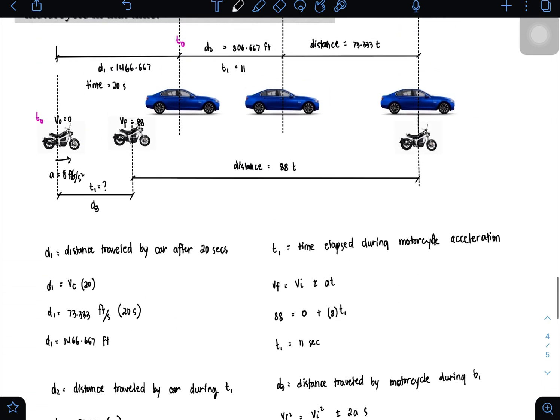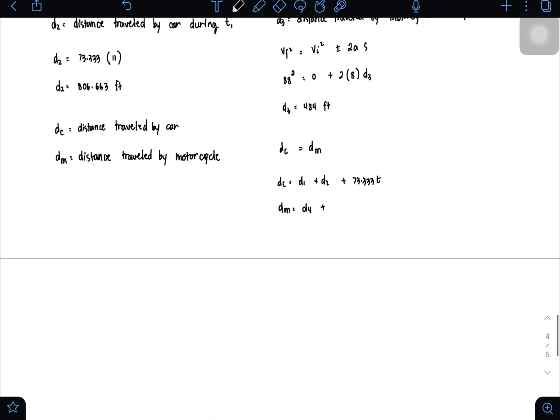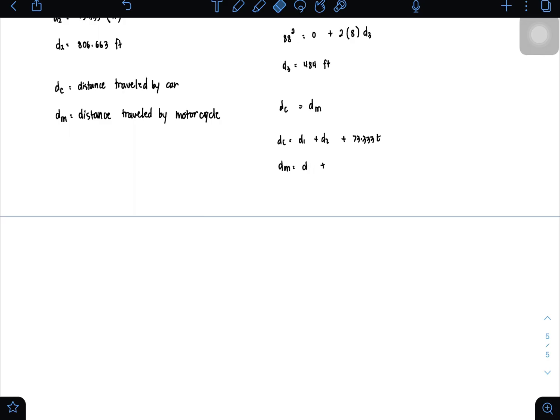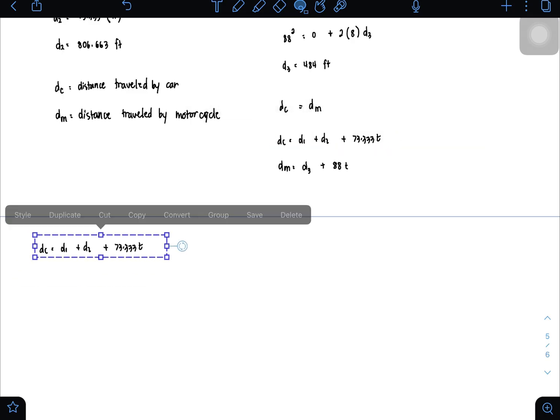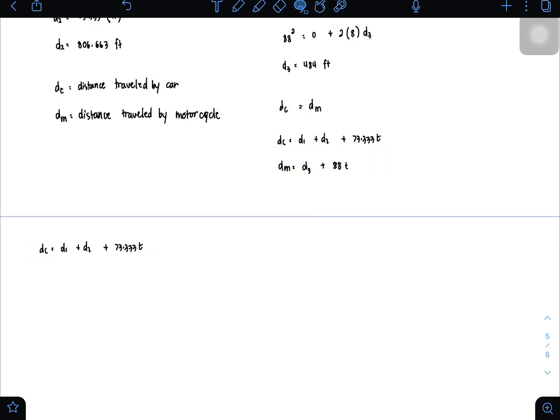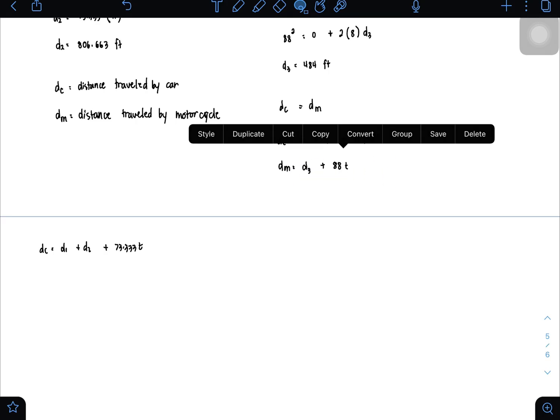plus, no, not d4 but d3, plus 88 times time. Okay, so having said that, let us try to equate this. So we're gonna equate that one.